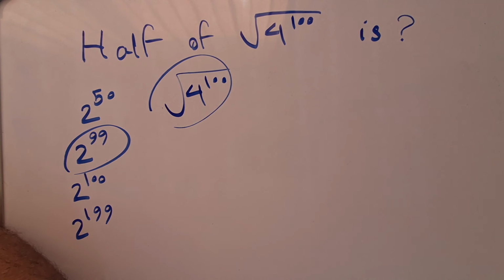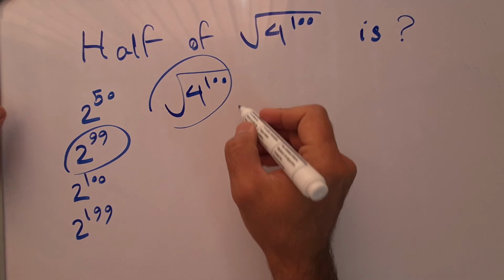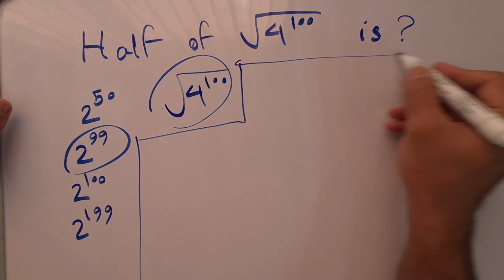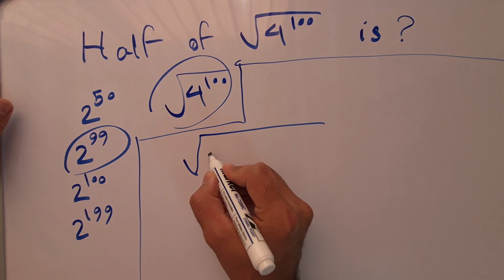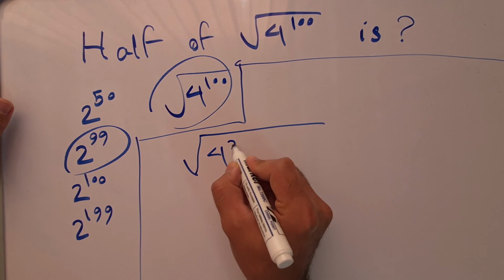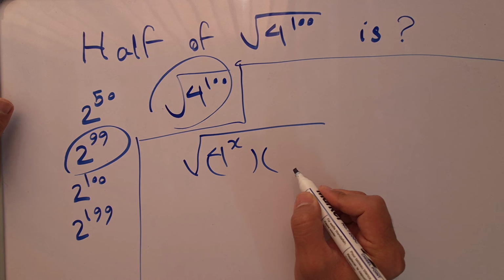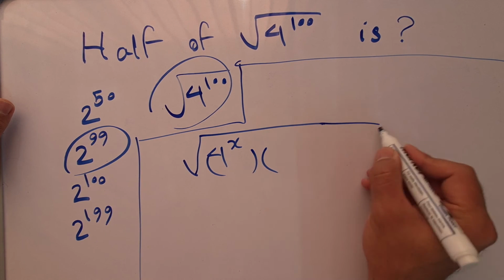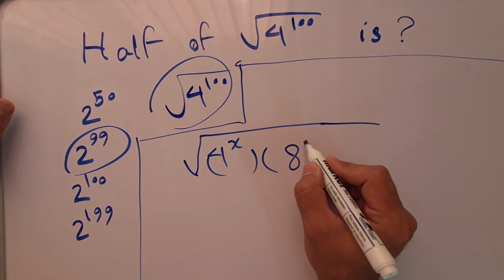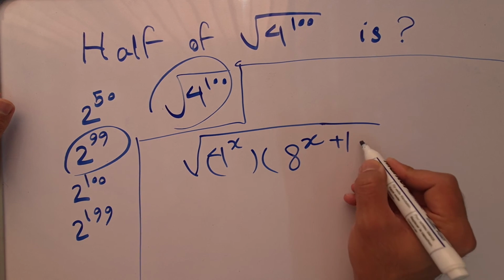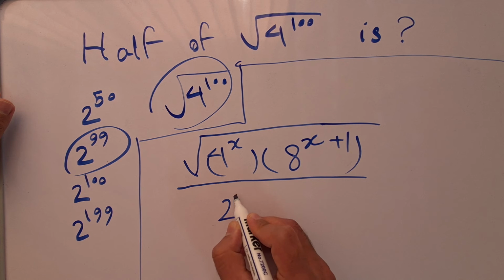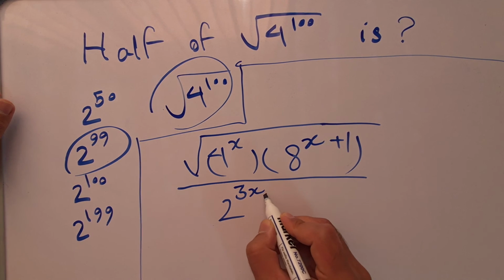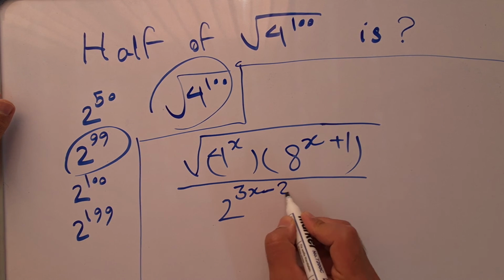So just imagine we have this value: the square root of 4 to the x times 8 to the power of x plus 1, over 2 to the power of 3x minus 2.